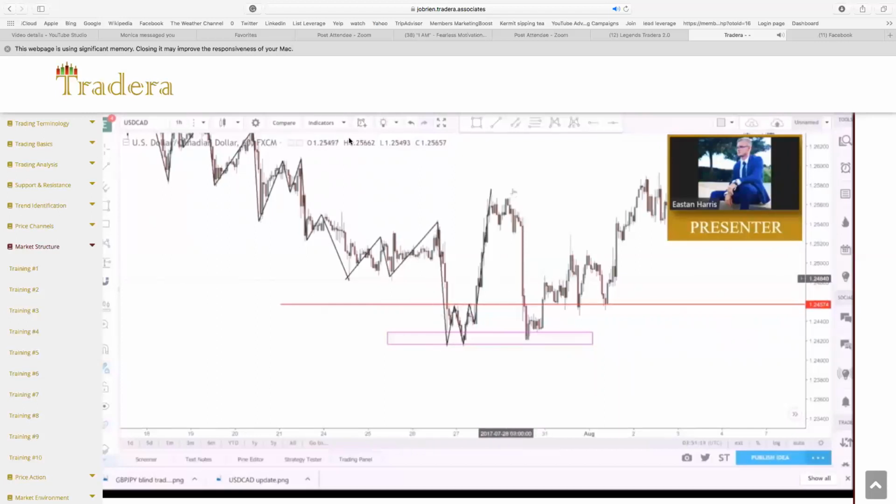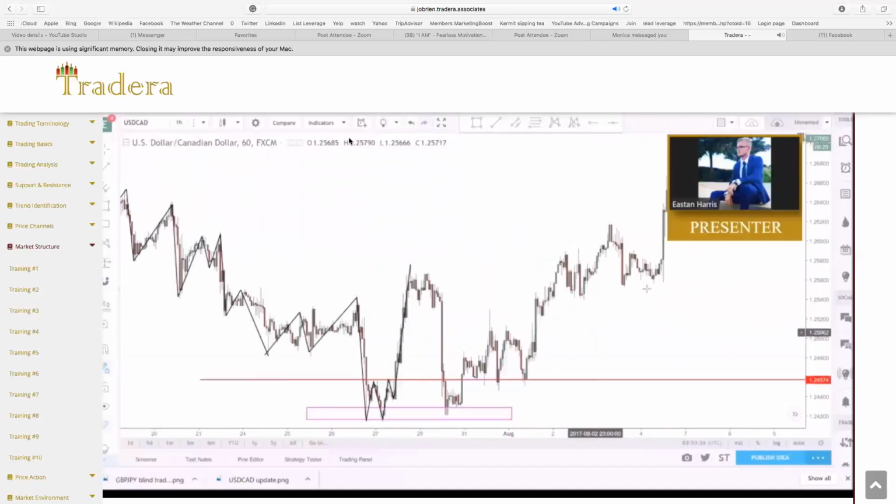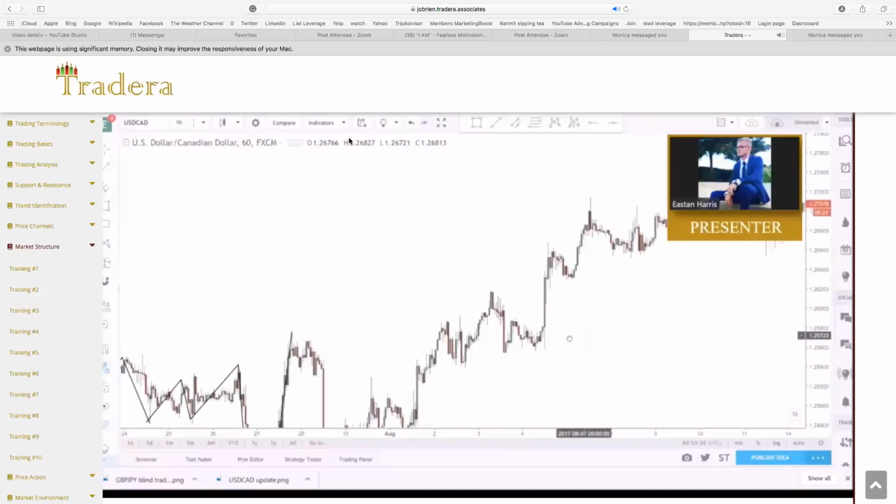Sellers come down even harder and get stopped, right? Where the buyers came in again. And then boom, bullish engulfing candle. With market environment, price action, and structure, you caught this market reversal.